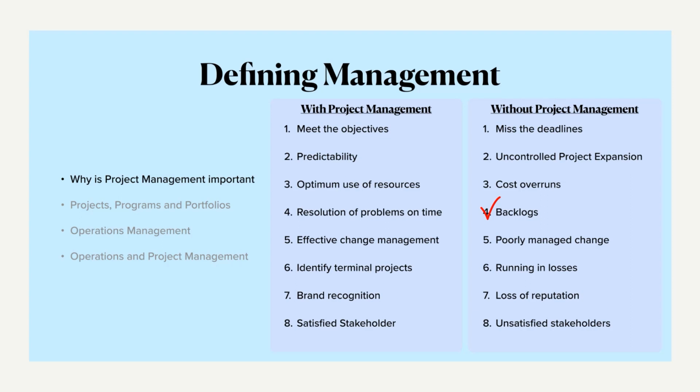I think we have learned in the previous class that backlogs are something important, but not urgent, but they are to be finished before the project ends, right? So if there is no project management reviewing whether there are backlogs or not, the backlogs are going to be left at the end of the project, right? So there are so many deliverables which are not met, so it could be serious.